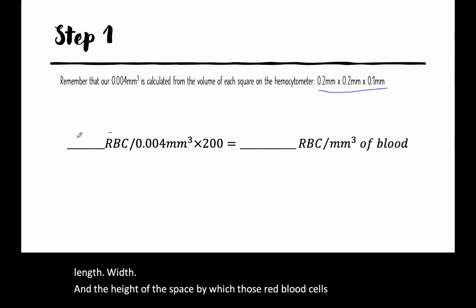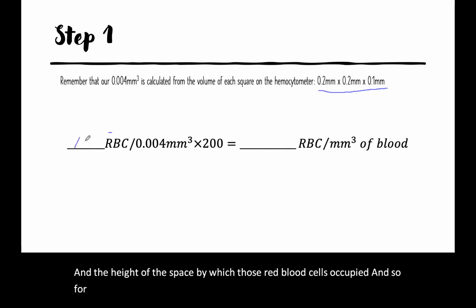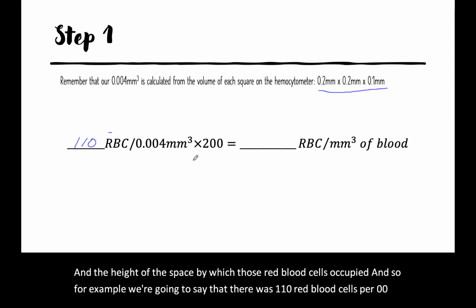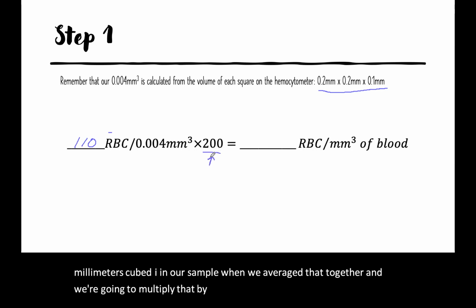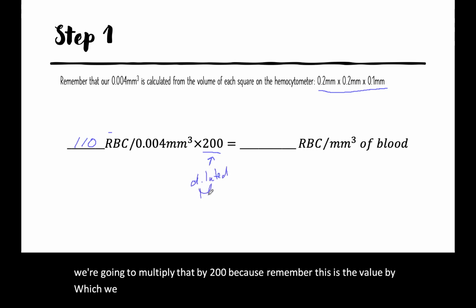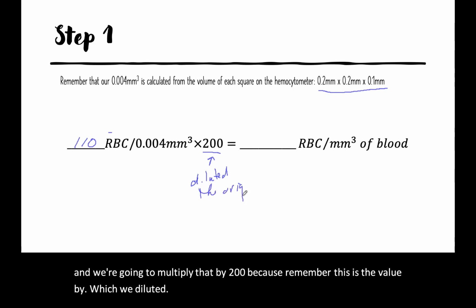For our example, we're going to say that there were 110 red blood cells per 0.004 millimeters cubed in our sample when we averaged that together. And we're going to multiply that by 200 because remember, this is the value by which we diluted the original sample.